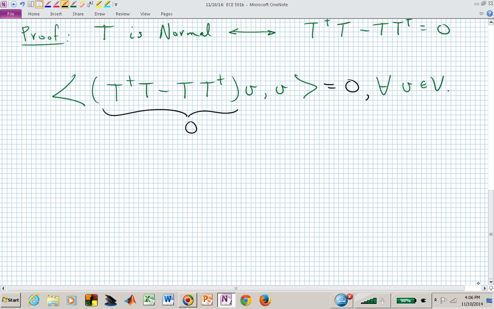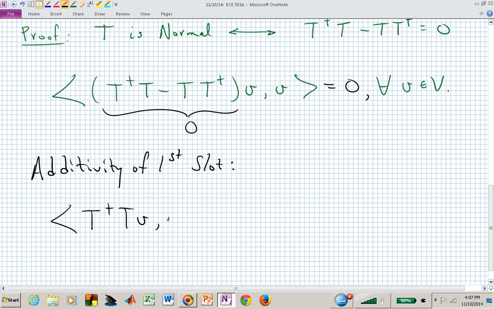Now we can simply play with some of the properties of our inner product, and in particular, let's look at the additivity of the first slot, which allows us to distribute that expression into 2 inner products, meaning we now have T dagger T applied to v, inner product with v, minus T dagger applied to v, inner product with v.